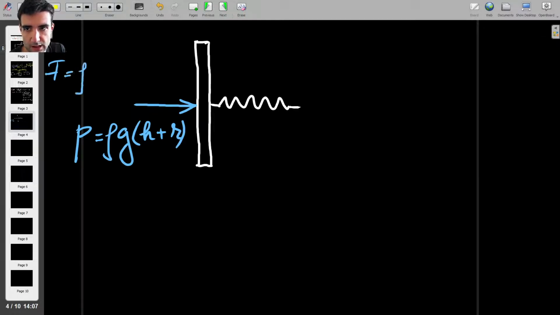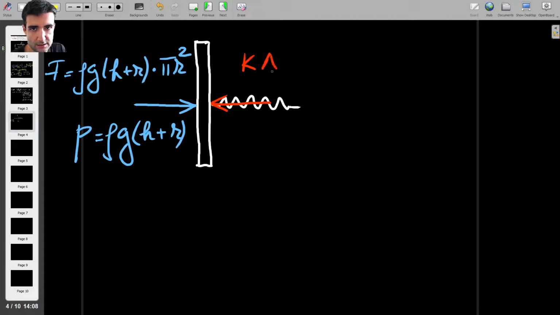So it's the pressure like this, and we multiply this by the area of the piston, which is pi r squared. Okay, so that's the force due to the water, basically. And this is being balanced by the force due to the spring, which is K times delta L, right?